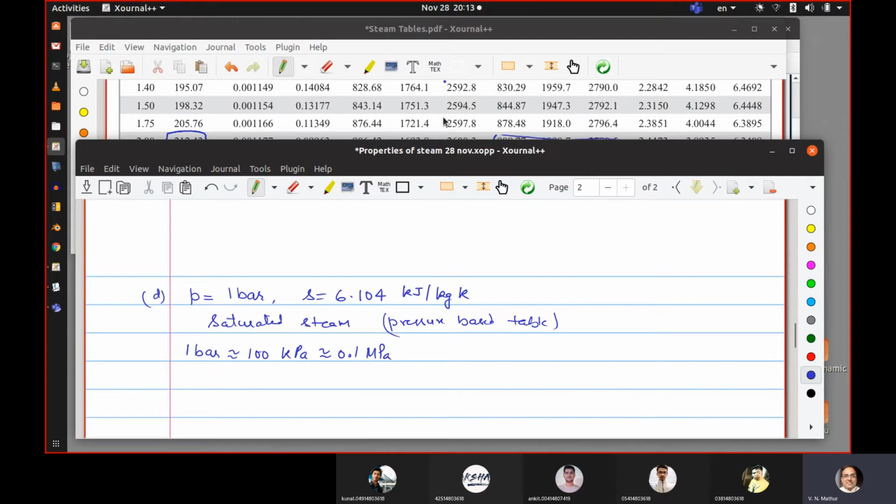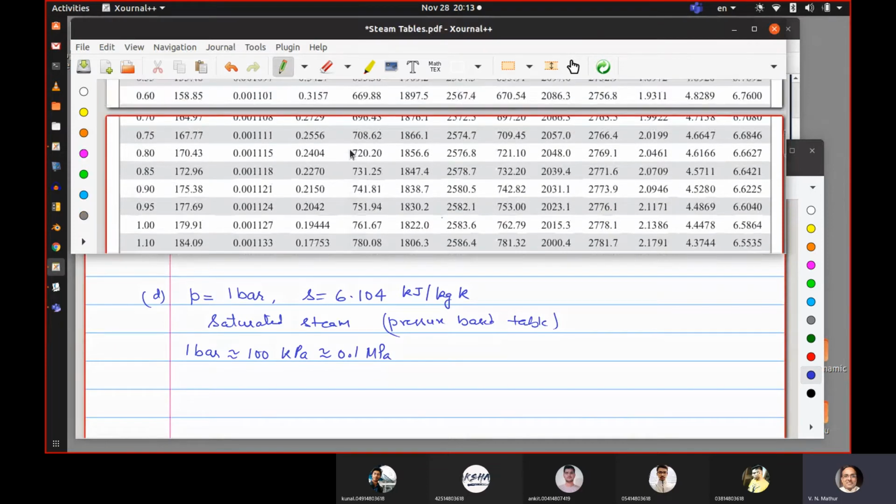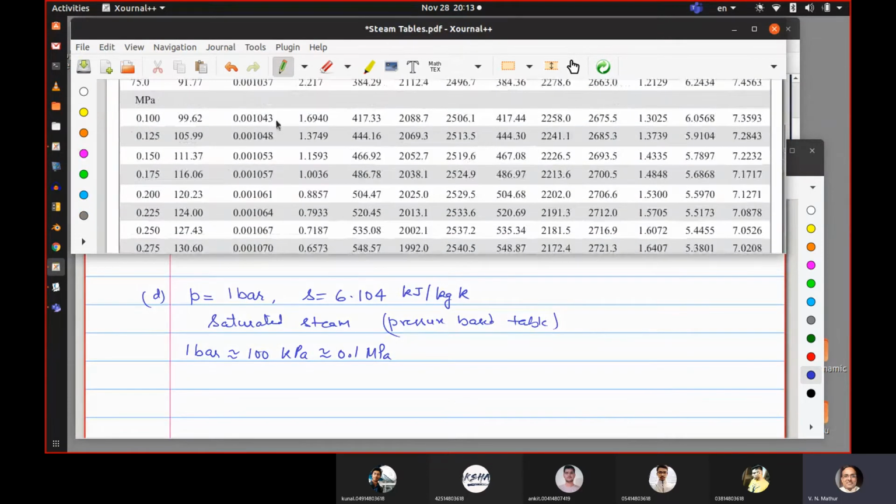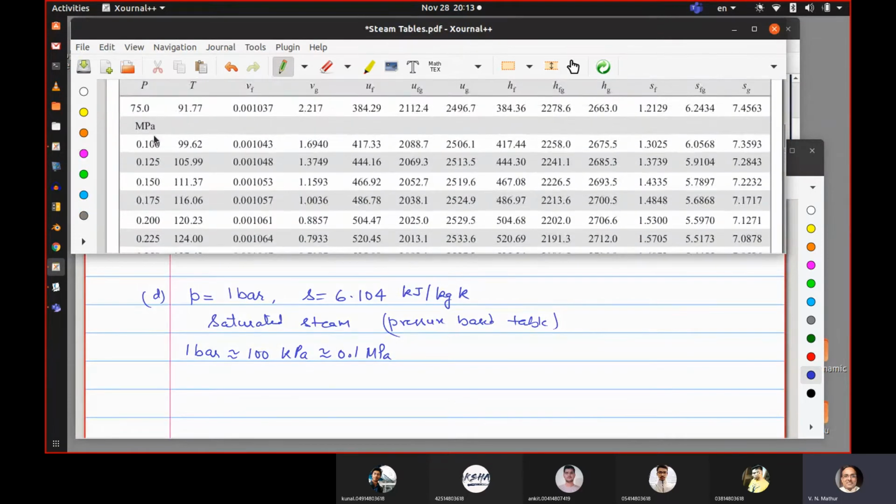The PK Nag book has tables where the pressure values are in kilopascal and megapascal. You might have steam tables where the pressure values are directly in bar. So we are looking for 100 kilopascal.